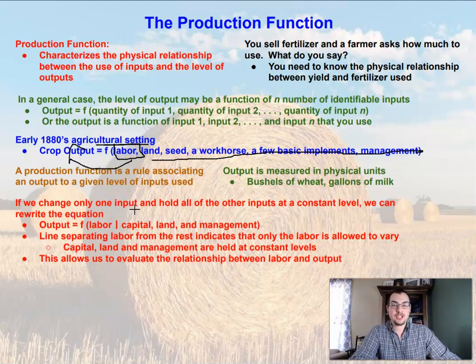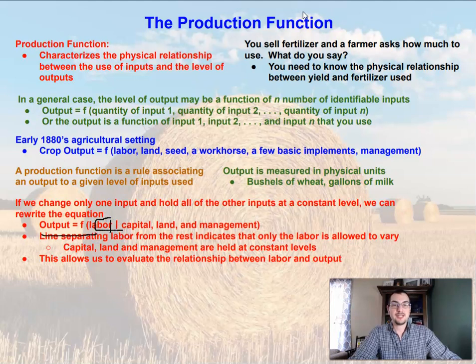So if we change only one input and hold all the other inputs at a constant level, we can rewrite this equation. We're going to rewrite this equation so that output is a function of labor, capital, land, and management. Remember, those are our 4 classifications of inputs. We're going to run through some examples of how output changes if only labor changes.